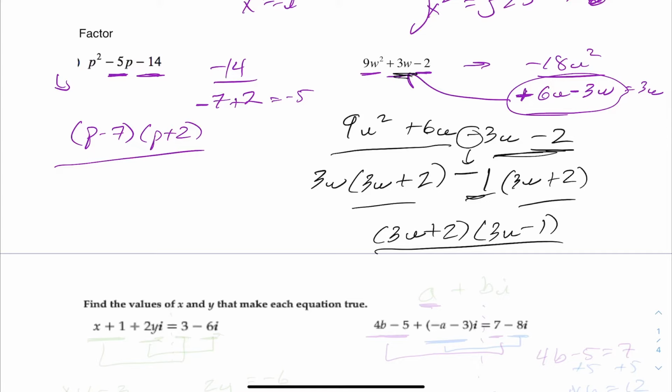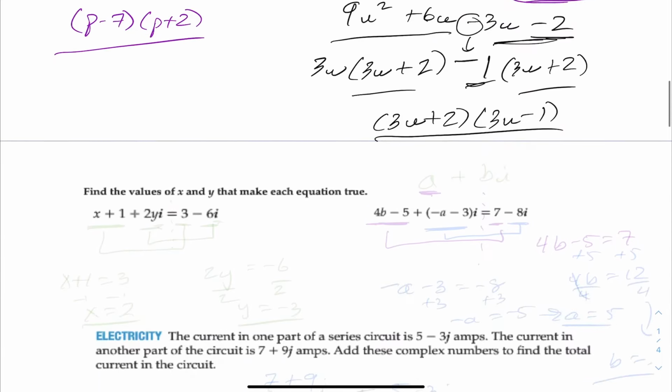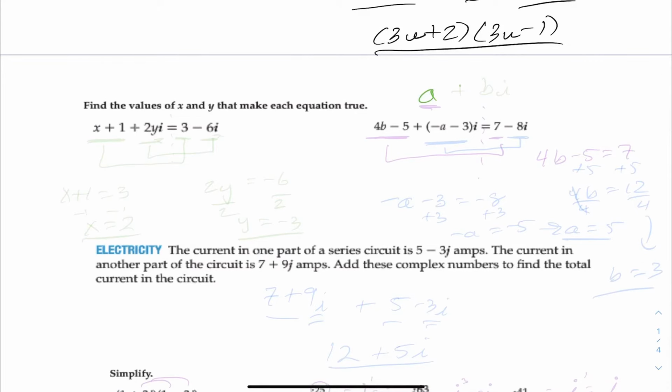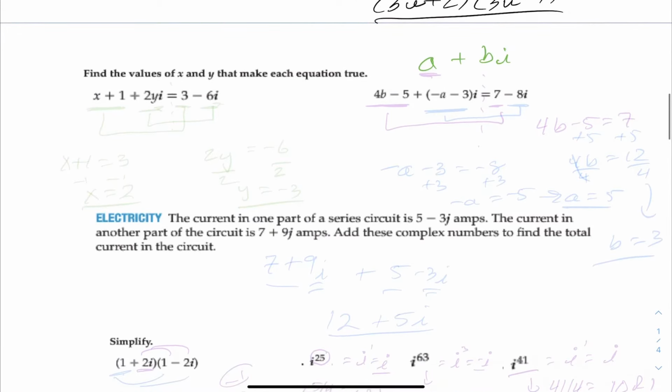Find the values of x and y that make the equation true. Okay, so here's the key. Remember, when you talk about complex numbers, we have a real part and an imaginary part. Since there's an equal sign, the imaginary part has to match the imaginary part here. So 2y has to equal negative 6, because they both have an i next to it.